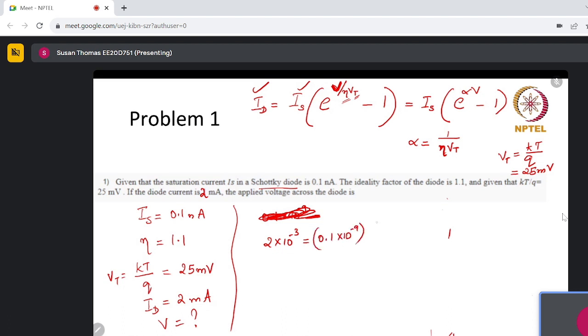E raised to V by eta, which is 1.1, into Vt, which is 0.025, minus 1. I request everyone to try.